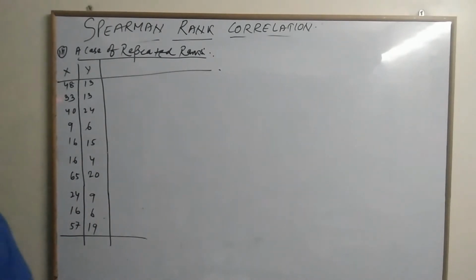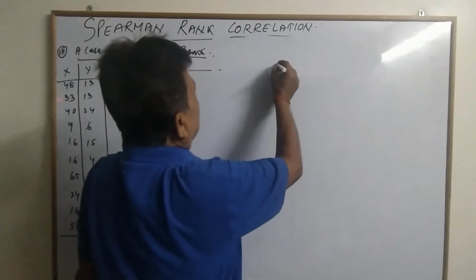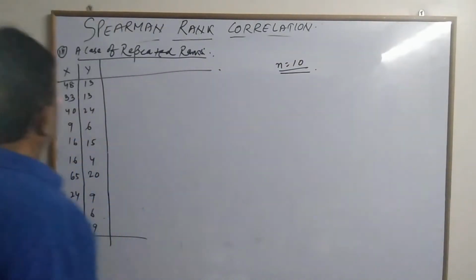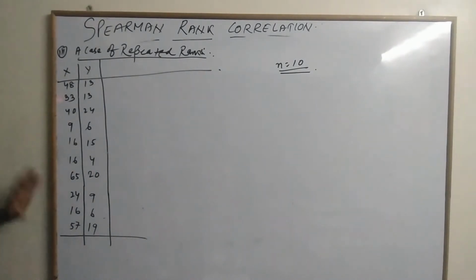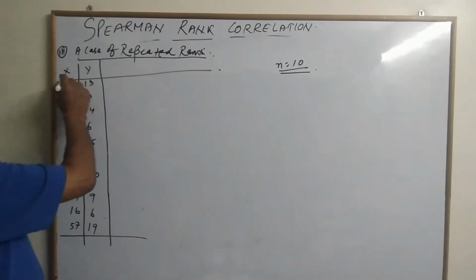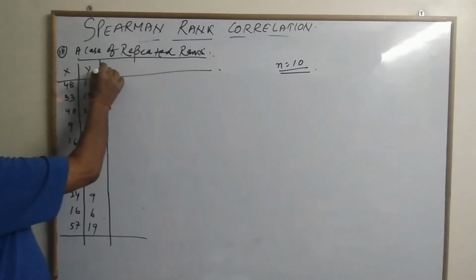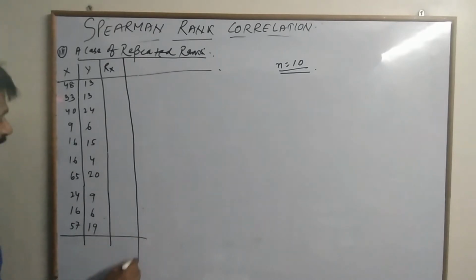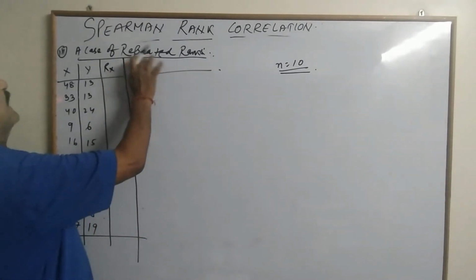Now, first of all, it is obvious that n is 10. Since these are not the ranks but absolute values, we are supposed to assign ranks. So this absolute x and y has to be converted into rank of x and rank of y.